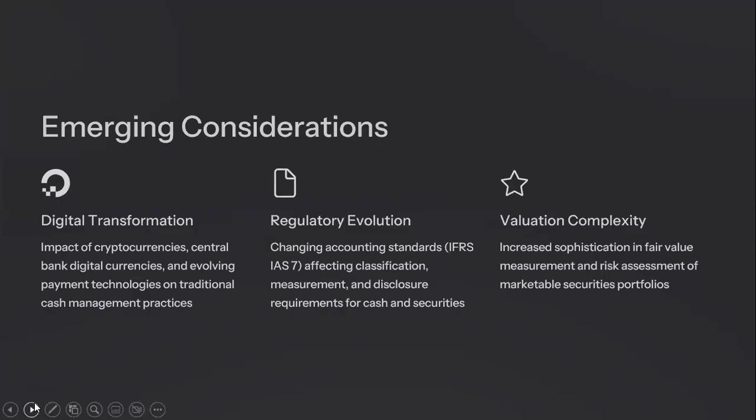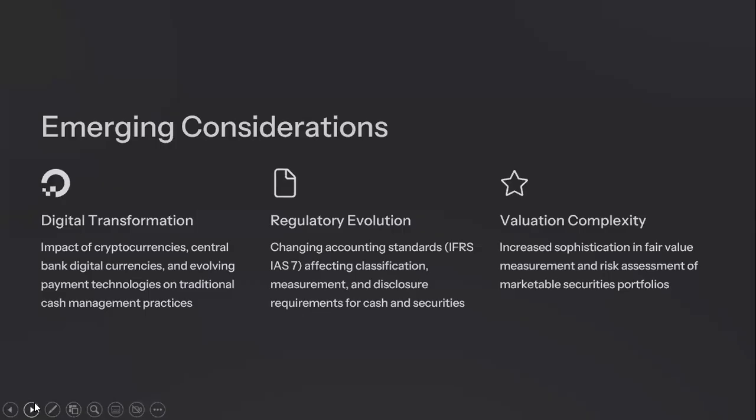Now, what are the new terminologies? Cash management now has a greater challenge of digital integration, digital transformation, and understanding the frauds and errors of digitalization. Similarly, there are changing accounting standards, that is Accounting Standard 7, which deals with cash management.